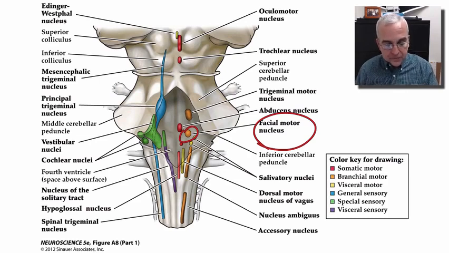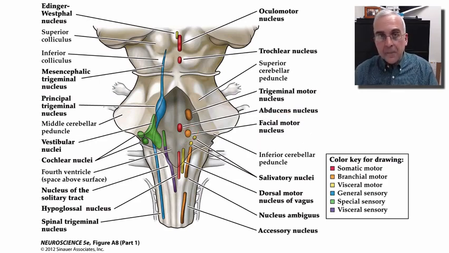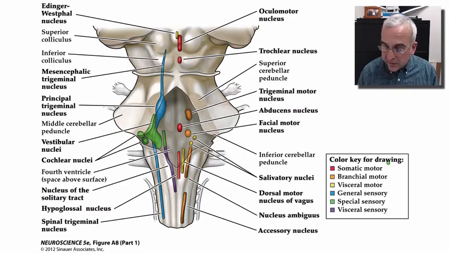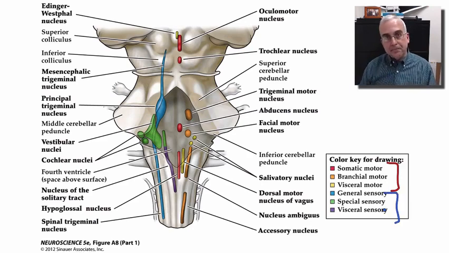Now in this figure, we notice that there are subdivisions of our color code where the various shades of red are indicating our different kinds of motor nuclei, and the shades of blue are indicating the sensory nuclei. And what these terms refer to are the embryological origins of the tissues that are connected up with these nuclei in the brainstem.